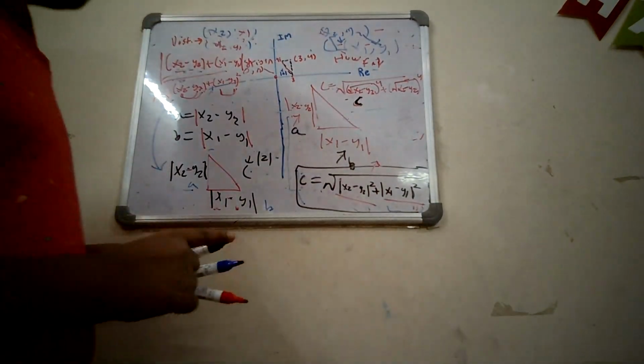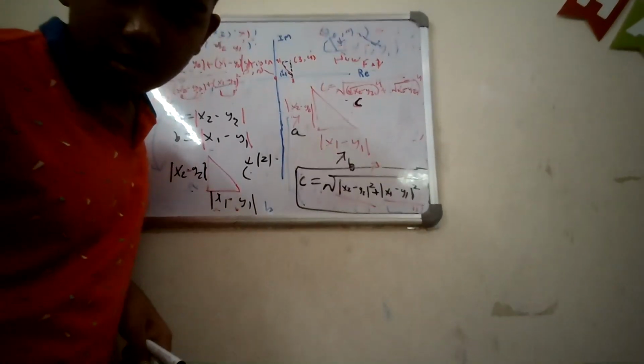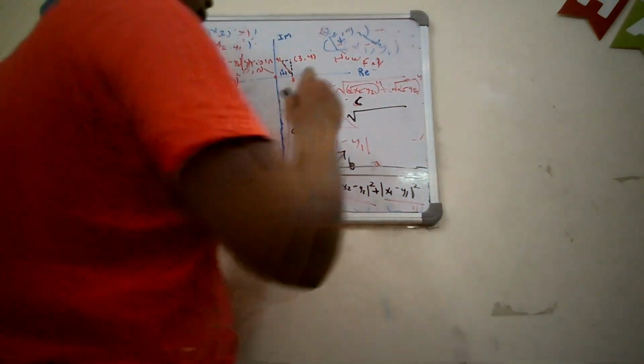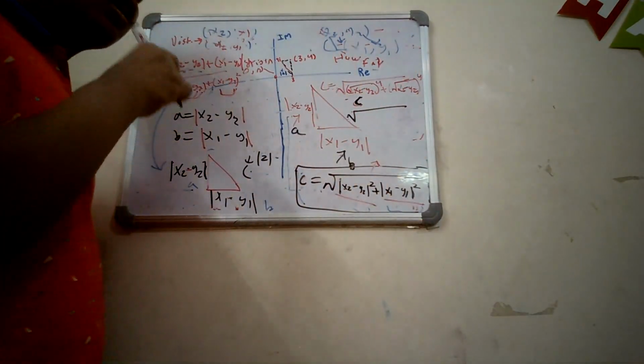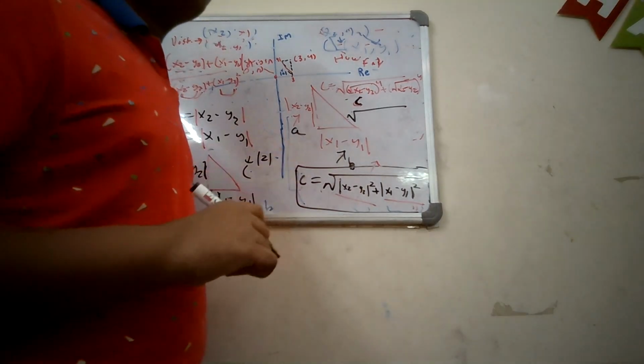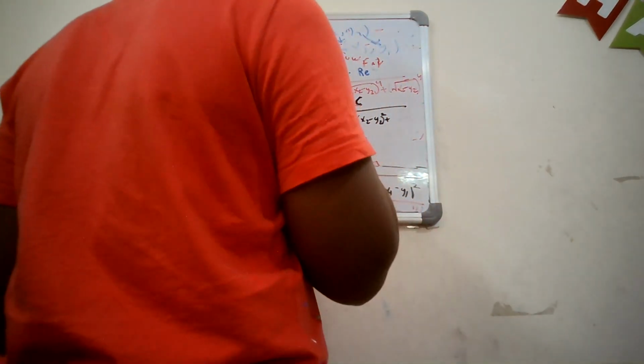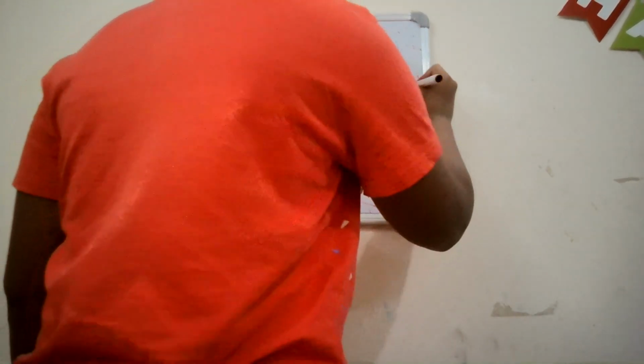Alright, now if you simplify this, we get the square root of, 1/2 raised to the power of 4, which would be x2 minus y2 squared plus x1 minus y1 squared.